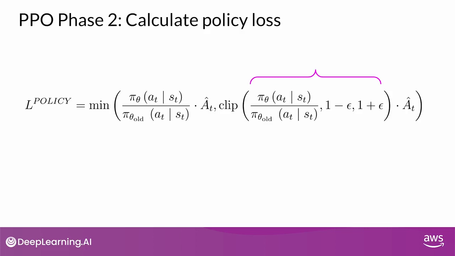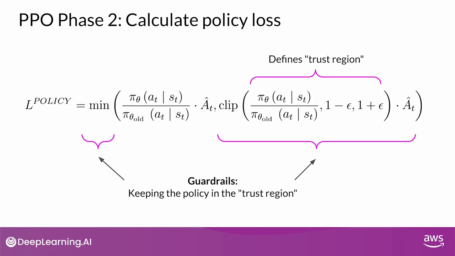These extra terms are guardrails and simply define a region in proximity to the LLM where our estimates have small errors. This is called the trust region. And these extra terms ensure that we are unlikely to leave the trust region. In summary, optimizing the PPO policy objective results in a better LLM without overshooting to unreliable regions.